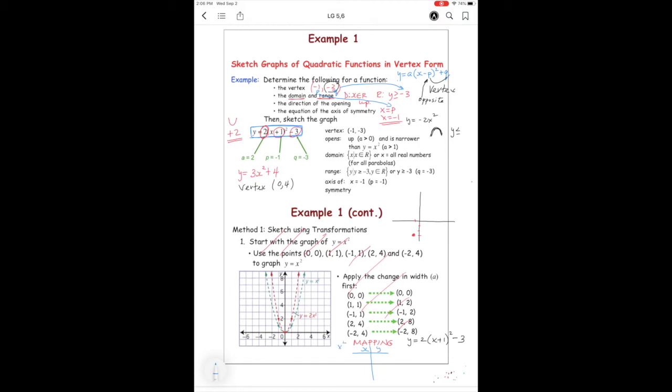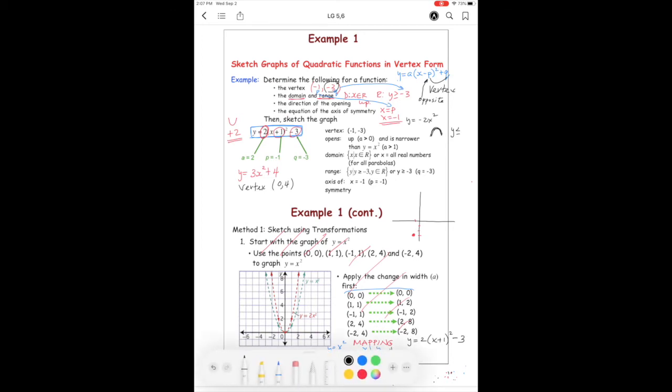And remember, this is the basic function, y equals x squared. So those are critical points, and I have those listed here. So we have 0, 0, 1, 1, -1, 1, 2, 4, -2, 4. So you're going to get really familiar with those guys, because that's the basic guy.